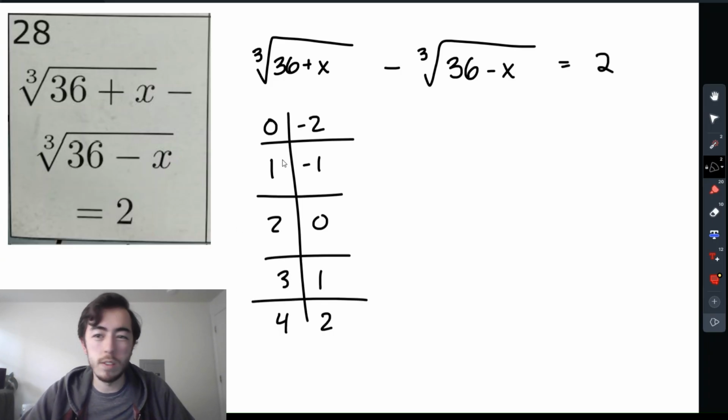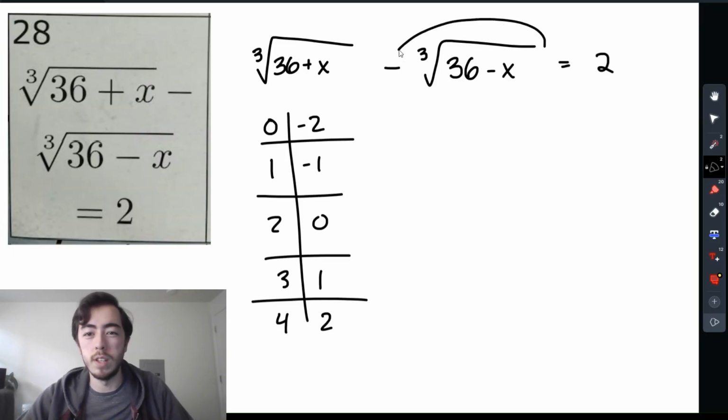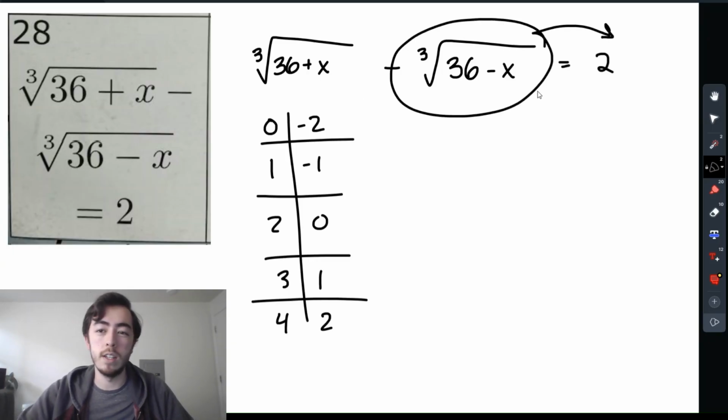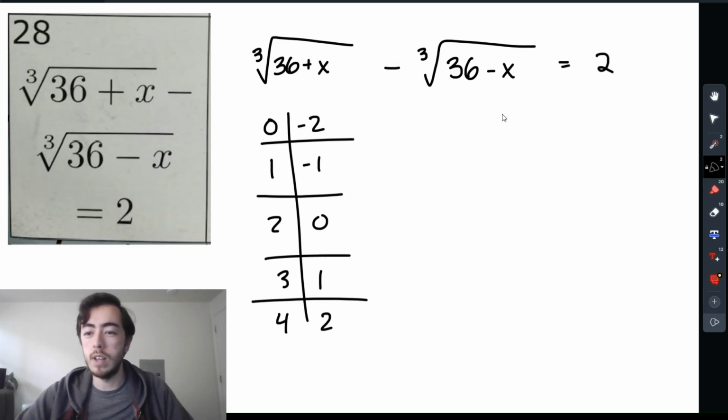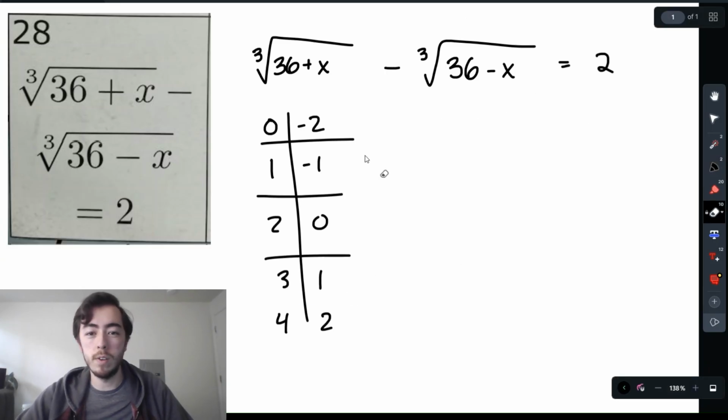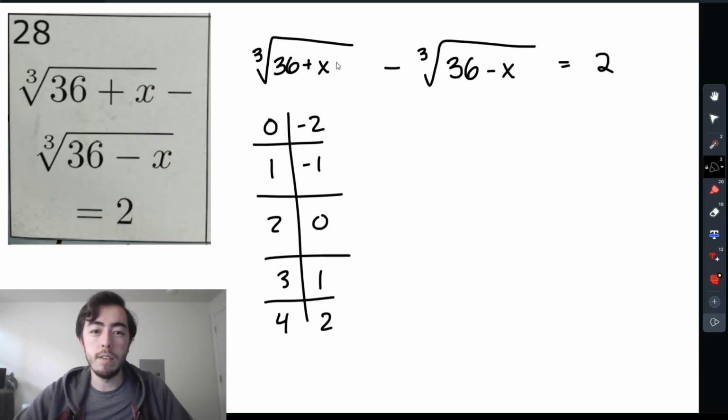Maybe there's a way to solve this algebraically, like we could add this to the other side and cube it, but honestly, I just like playing around with the numbers first and seeing what happens.